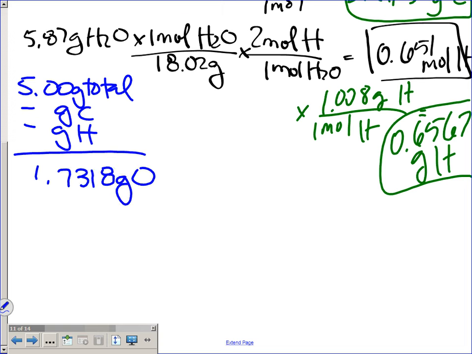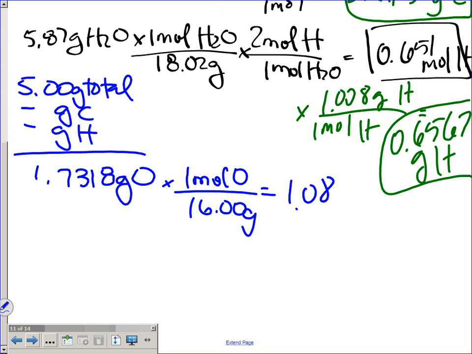Again, it's just single, it's not diatomic because it's within a compound. And then what did you guys say to do next? Convert to moles. It's not a hard process, just a long process. And that would give you 1.08 moles of oxygen. Notice I'm even labeling which moles belong to which element so that you don't get lost in your work.